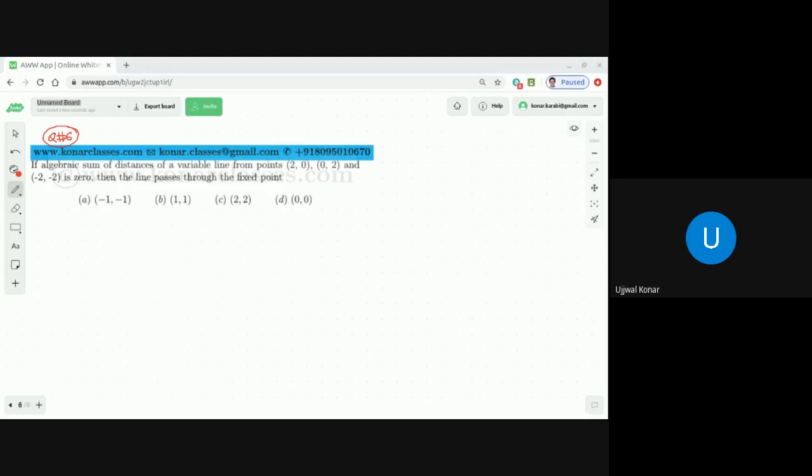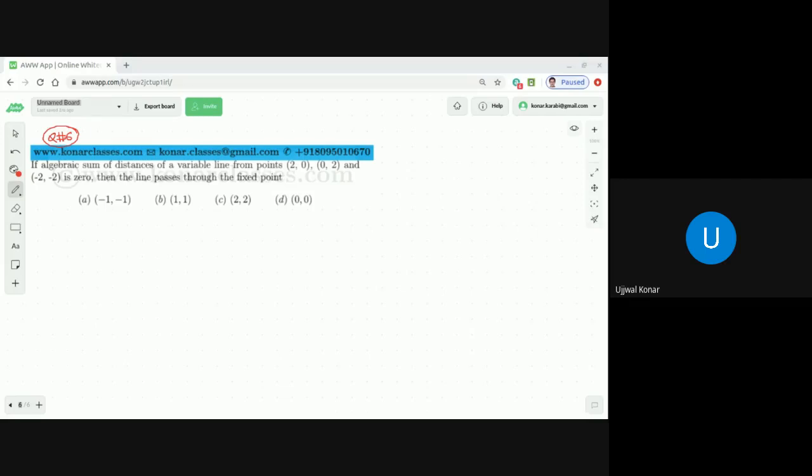Now, what we see is that the straight line is passing through a fixed point, suppose (x1, y1). If that line passes through the fixed point (x1, y1), then what will be its equation?